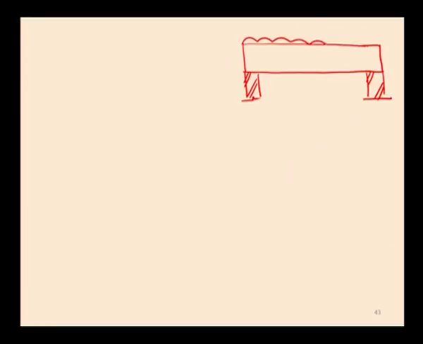So, for example, in the case of a simply supported slab, you take it as if it is resting on a wall at the ends. When it is subjected to some kind of force, this is W kilonewton per meter square, it is deflected like this.